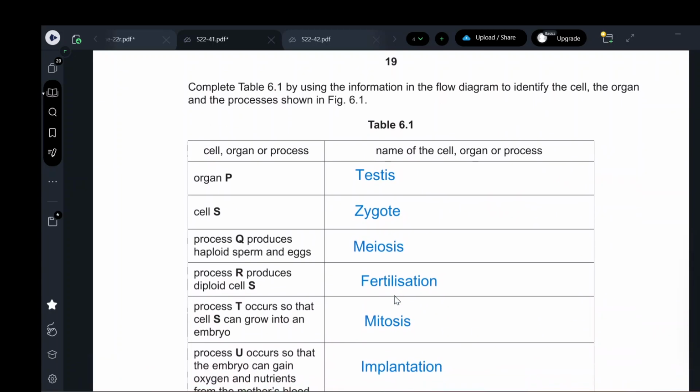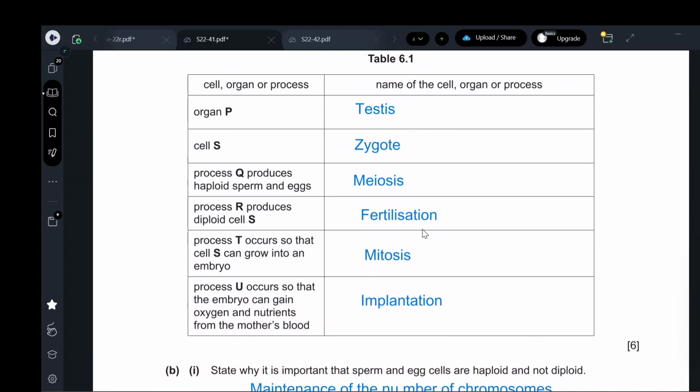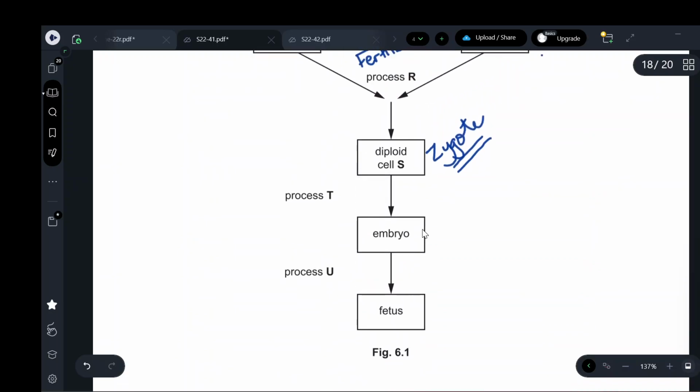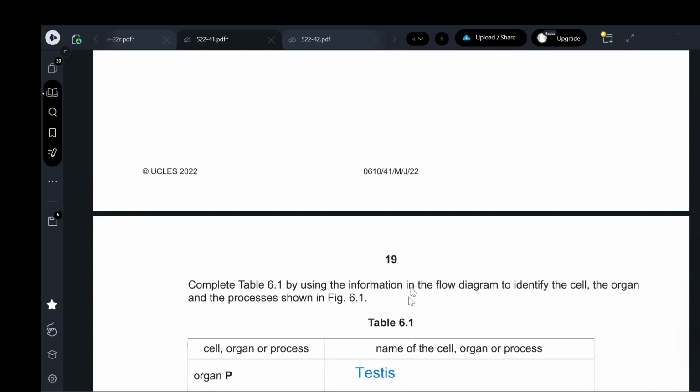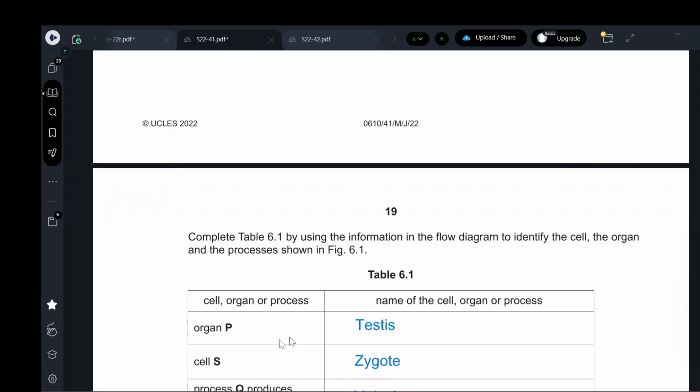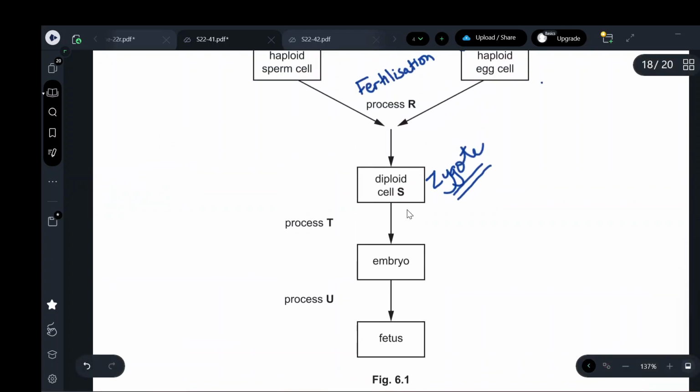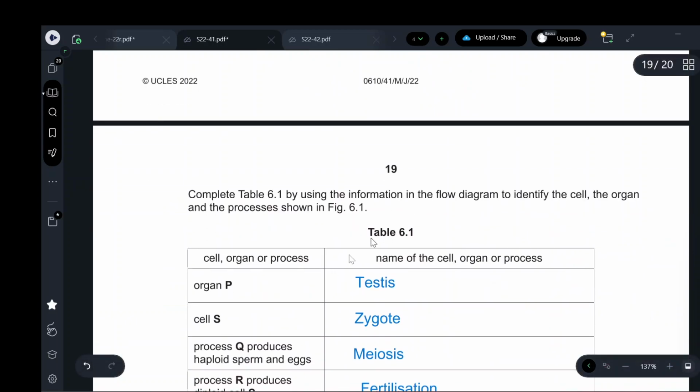Let's see the sentences so we can understand. Again, as we said, organ P is the testis, cell S, the first cell in the baby, is the zygote. Process Q that produces haploid sperms and eggs is meiosis.